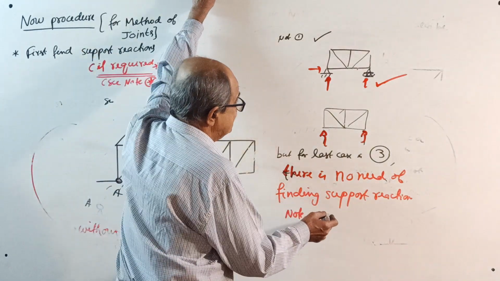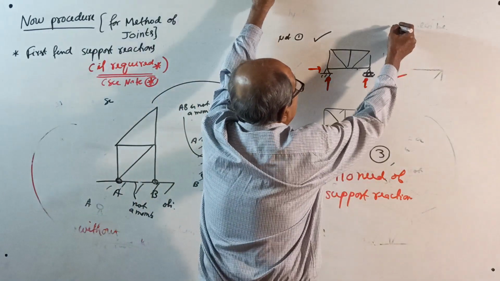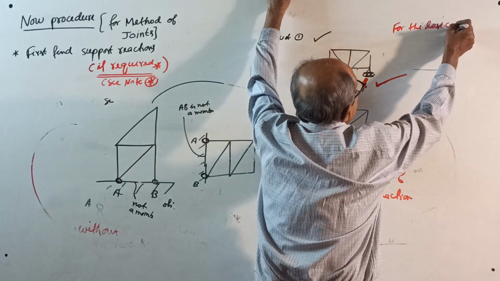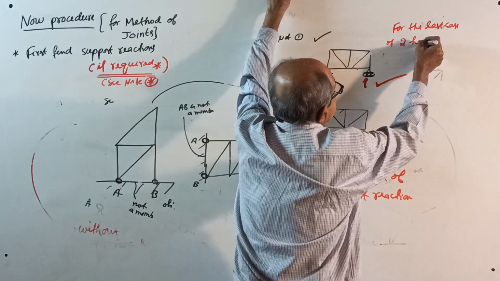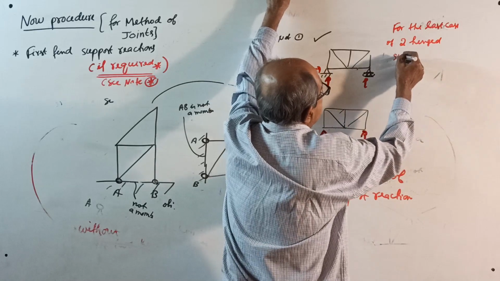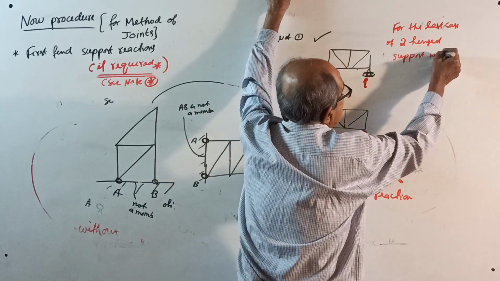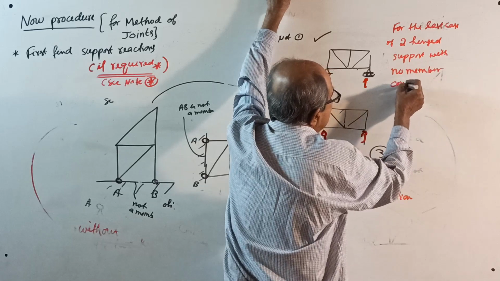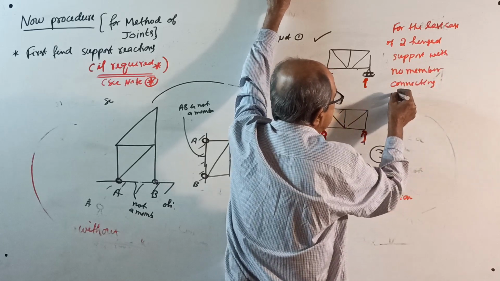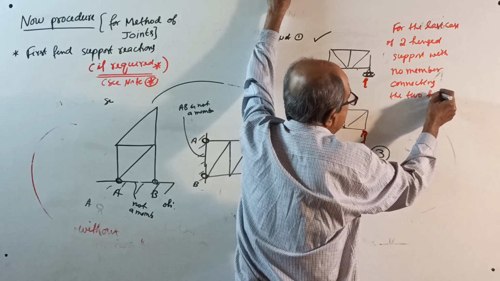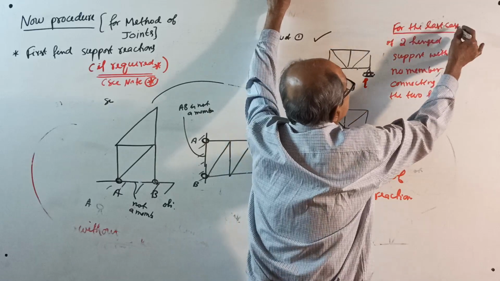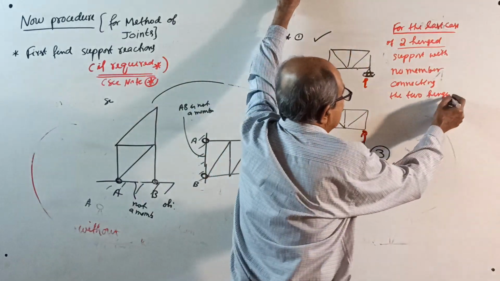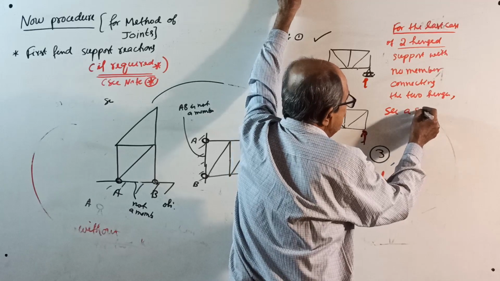Therefore, for this last case of two hinged supports with no member connecting the two hinges, see a separate note.